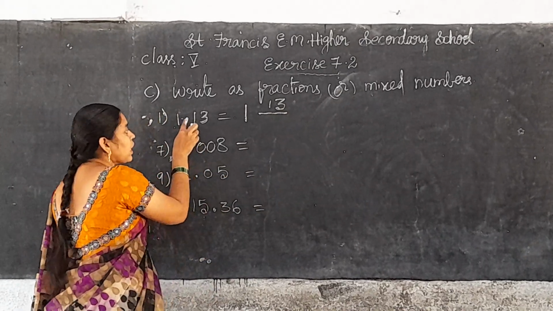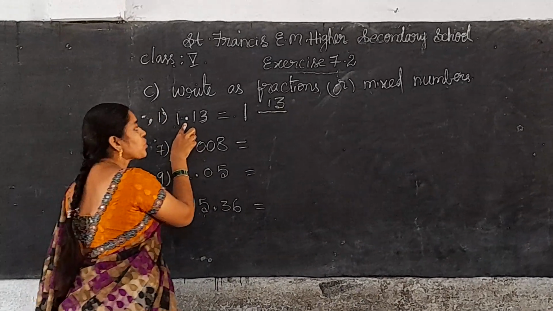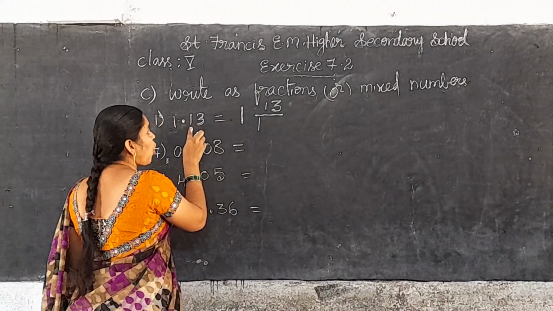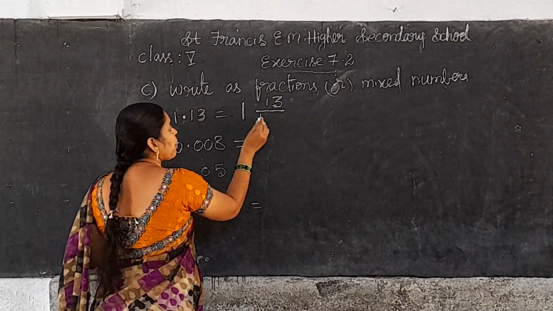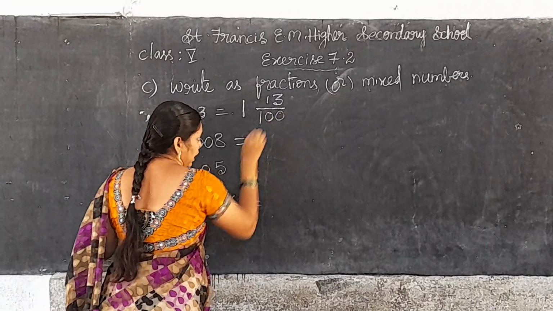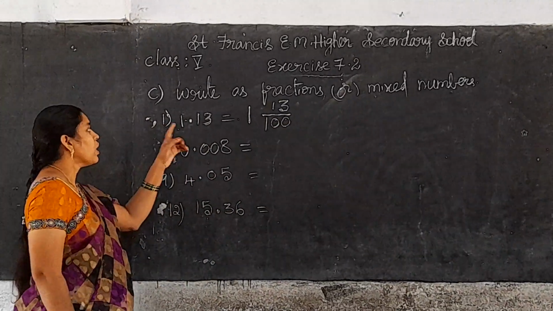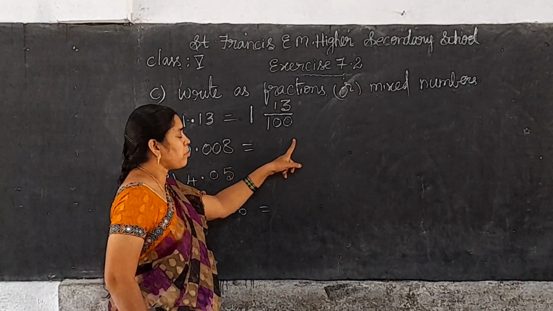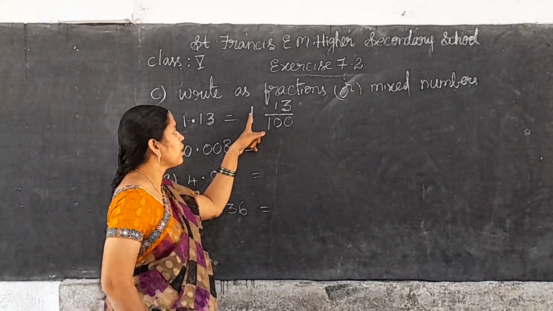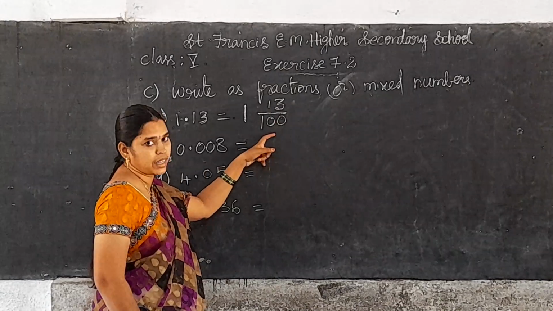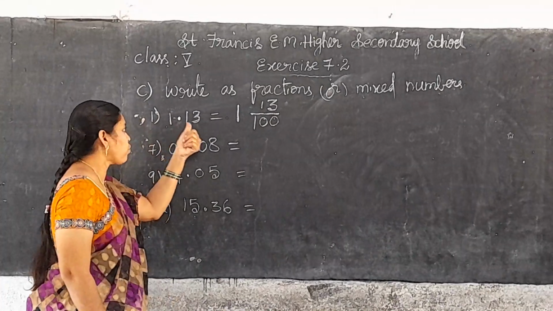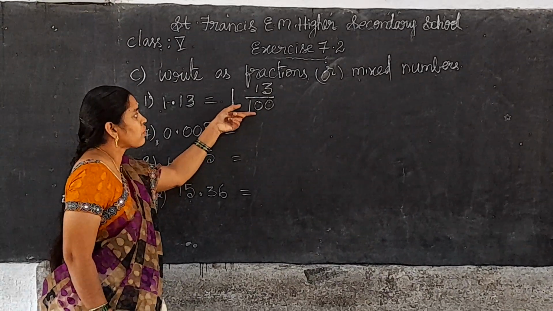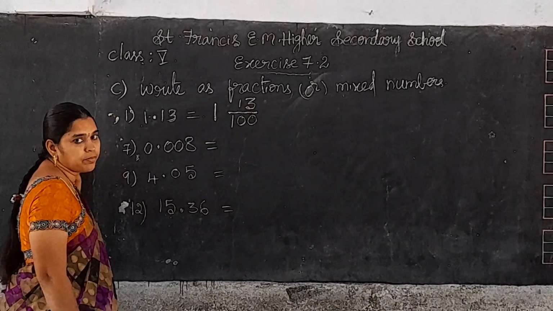Now instead of the point you should write 1 in the denominator. After the point how many numbers are there? That many zeros follow this 1. So this decimal number, converted into a mixed number, what is the answer? 1 13/100. 1.13 is equal to 1 13/100. This is the conversion to a mixed number.